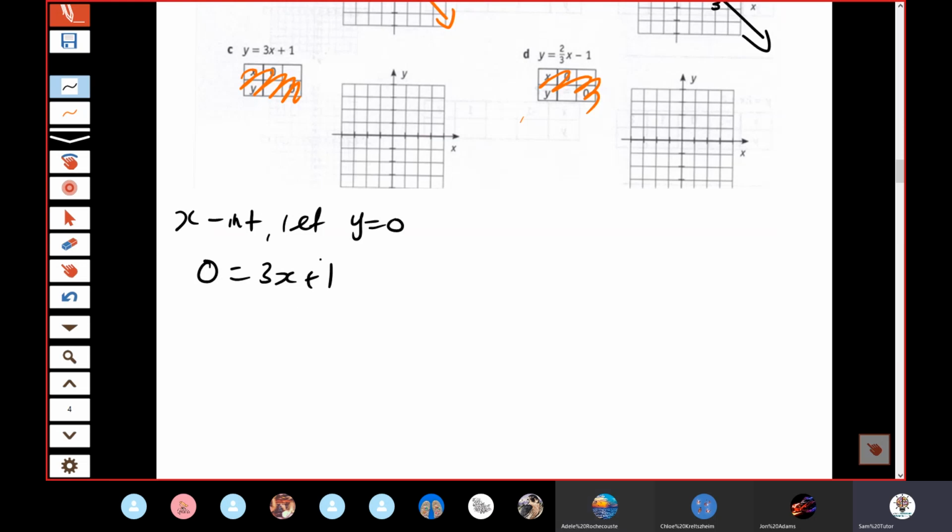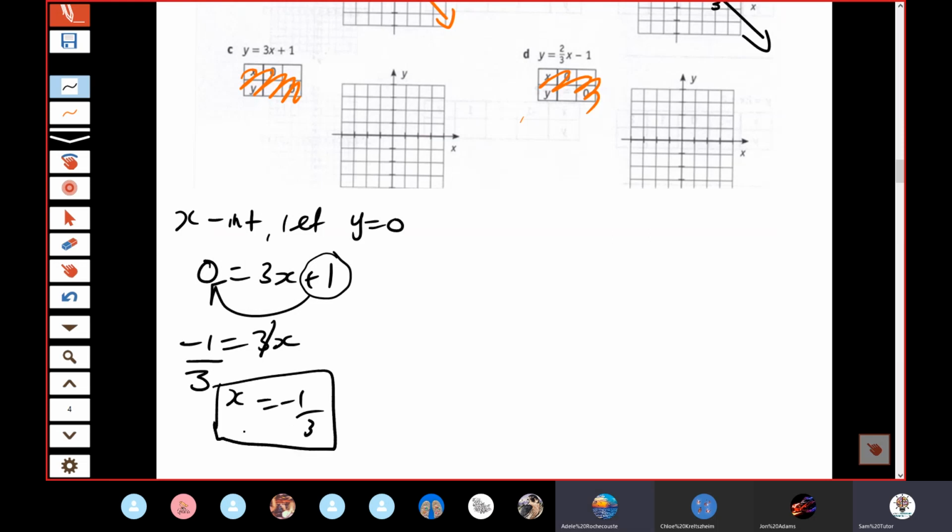So how do I get rid of this plus 1? Minus 1 equals 3x. And then, how do I get rid of the 3 here? Divide by 3, so x equals -1/3. All right, let me pause there. Questions there?